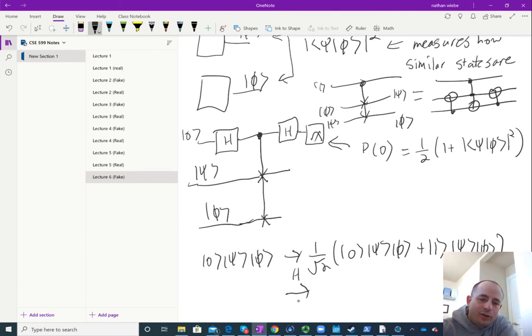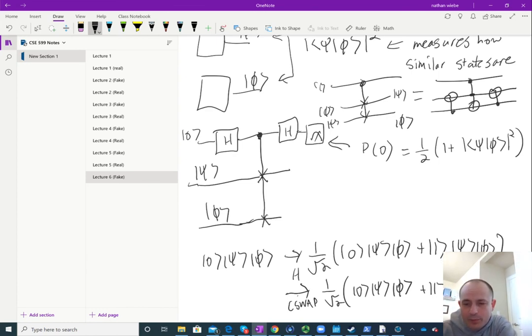Now we're going to do next the controlled swap. On the first bit, because the input is 0, it doesn't do anything to it. So it'll just leave that as psi phi. However, it's 1 over here, so we are going to end up swapping. So in this case, we have phi psi coming back out.